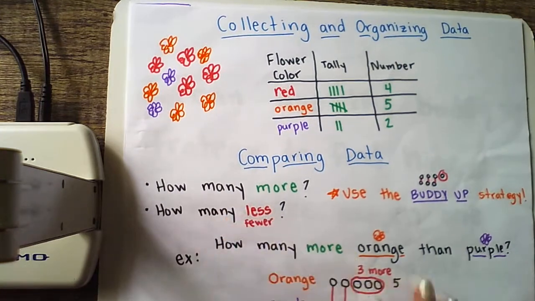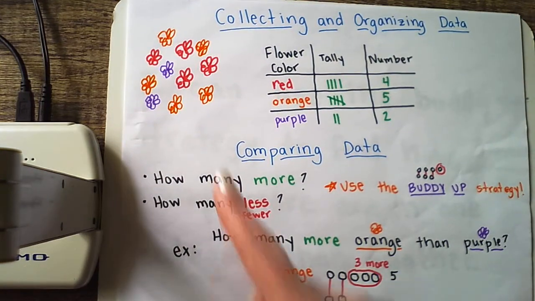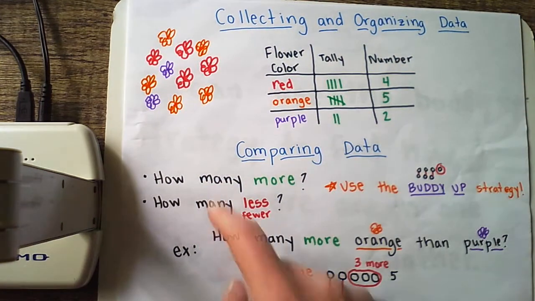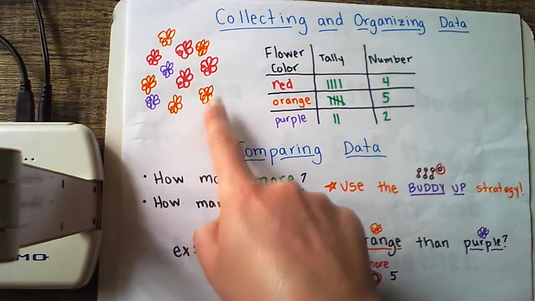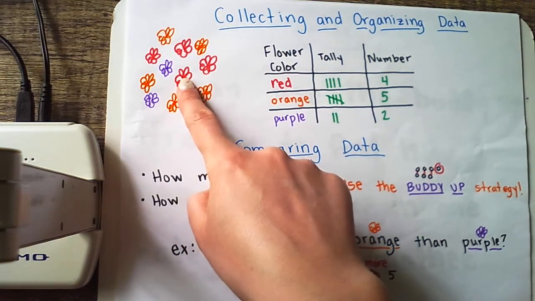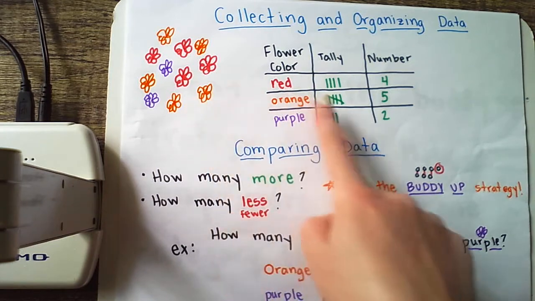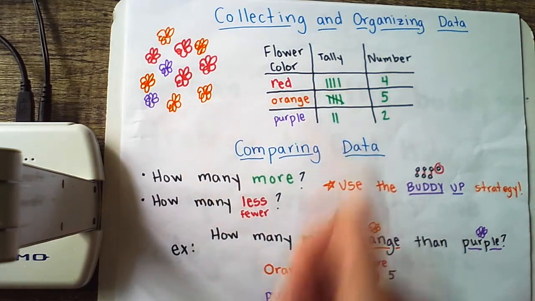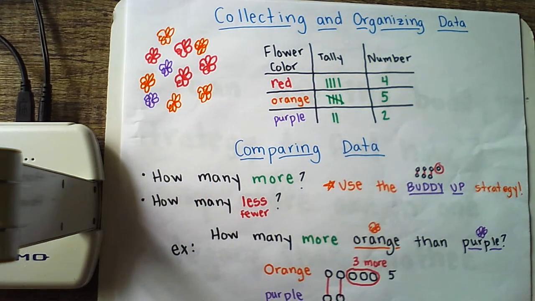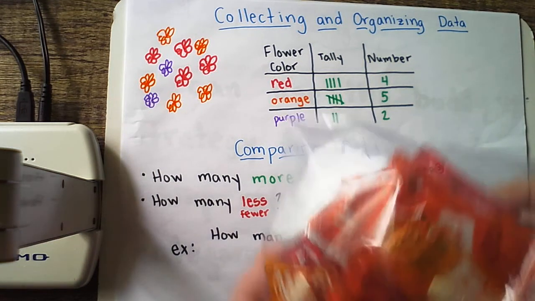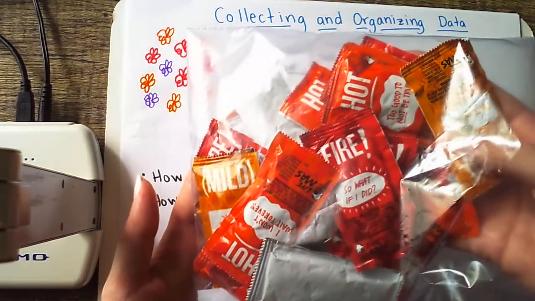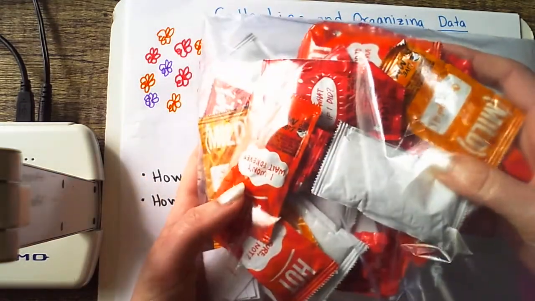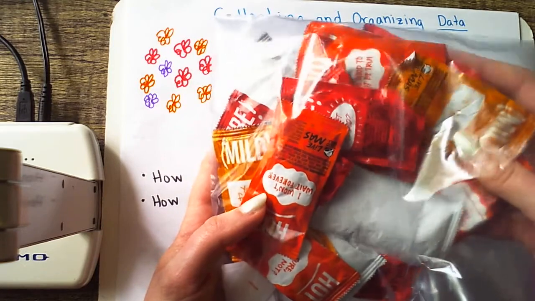Here's our anchor chart, and yesterday we used our anchor chart to just collect and organize data. We were able to go through and count how many of each type of flower we had, how many red, we had 4, orange 5, and purple 2. We did that in real life. Instead of using flowers, we actually went through and used Taco Bell sauce packets. Miss Burns is quite the collector of these, and I have a variety of different kinds.